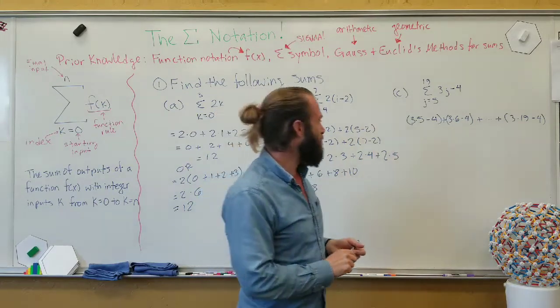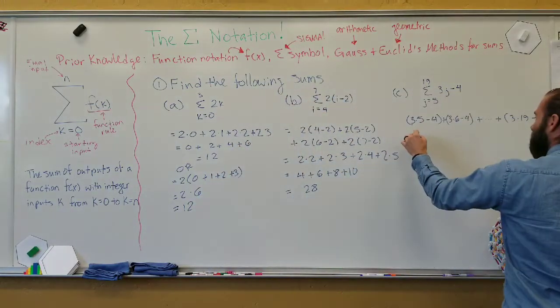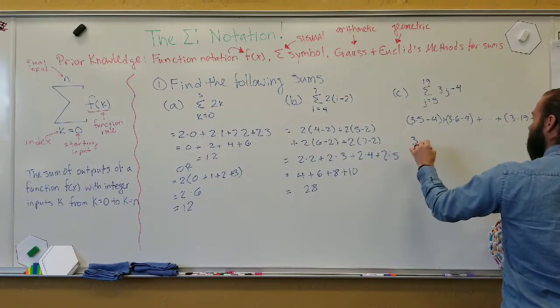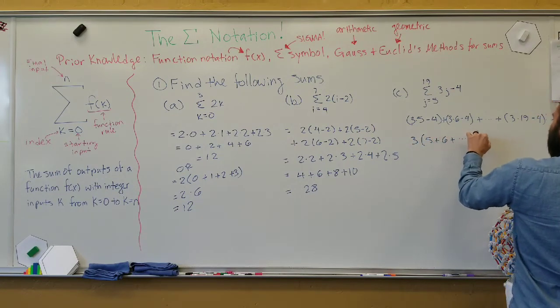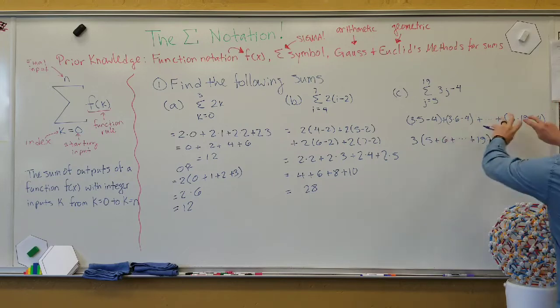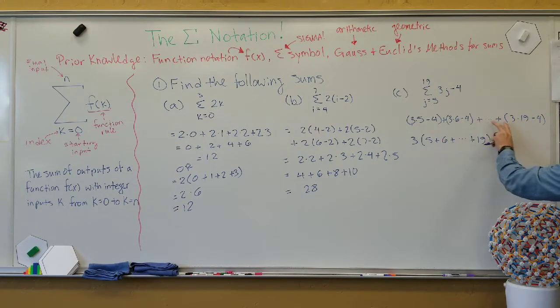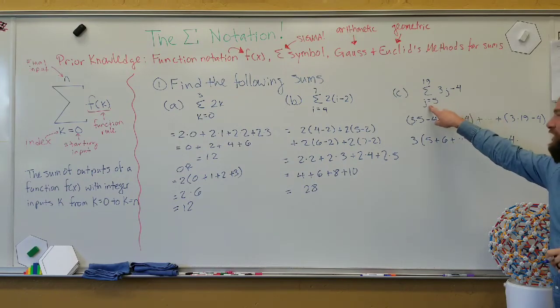I want you to see something. Do you agree? Do you see with me that there's actually a 3 times 5 plus 6 plus all the way up to 19? If I rearrange all these, if I put all the 3 times whatevers together, and then all these negative 4s I lump together, and we just do plus negative 4 times, well, let's remind ourselves, how many terms are there?